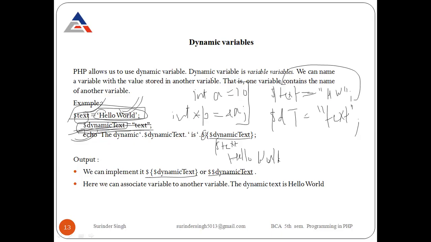Clear? Like in C, you write *p for accessing the value of a. In the same way, you use two dollar signs. One is in the curly brackets and another is outside the curly brackets. Clear?